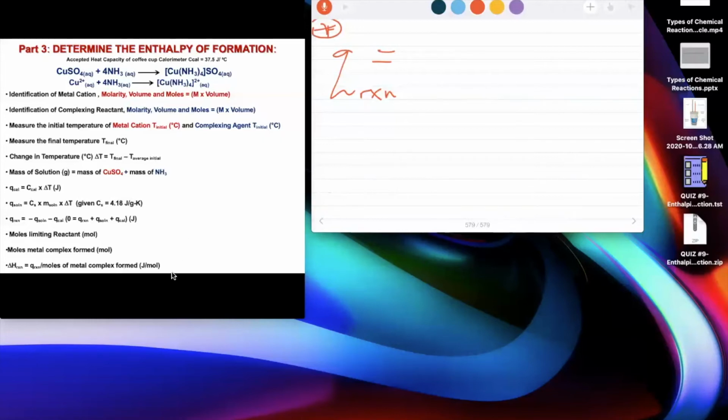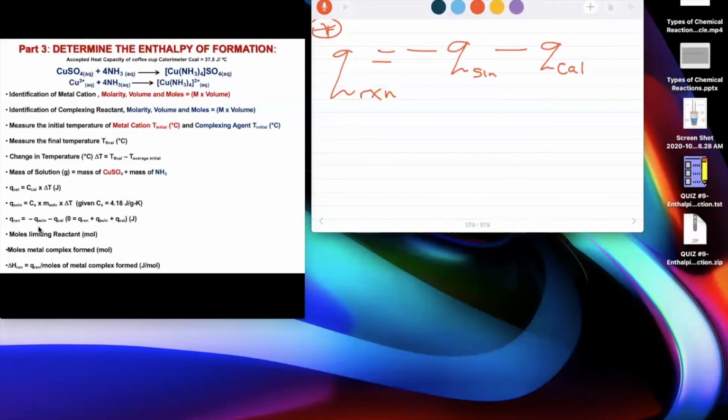Right here, you see the Q for the reaction. It is given by the negative Q for the solution minus the Q for the calorimeter, which you already have these values for, and it should be in joules.